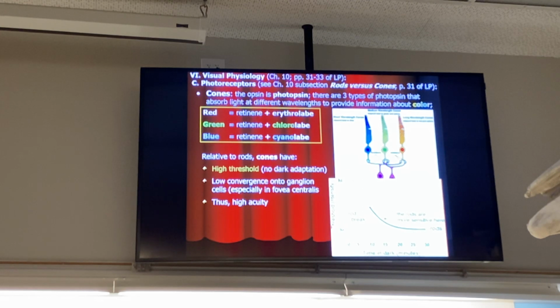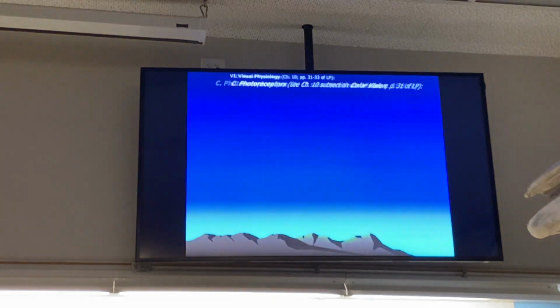In the fovea centralis, it's all cones, and it's 1 cone, 1 bipolar cell, 1 ganglion cell. 0 convergence, which is why at the fovea centralis you have the highest visual acuity. 2 points of light can be really close together, your brain still sees 2 points of light. Way out in your peripheral vision, you can have 2 points of light way far away, and your brain is like, duh, I only see 1. Everybody got it? Okay.